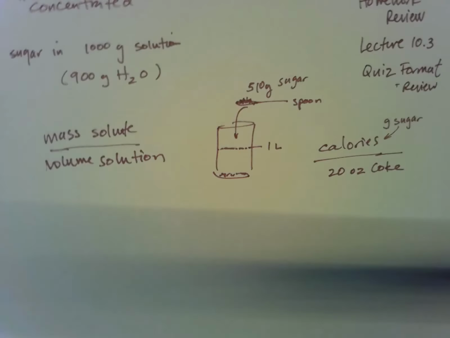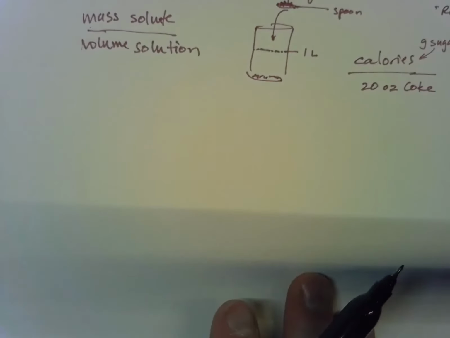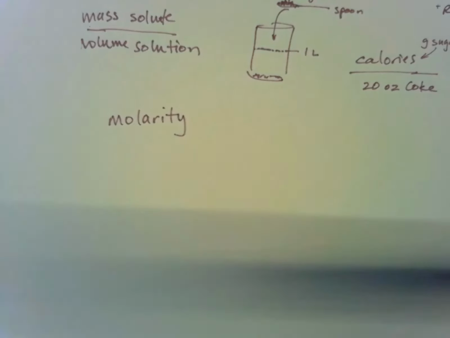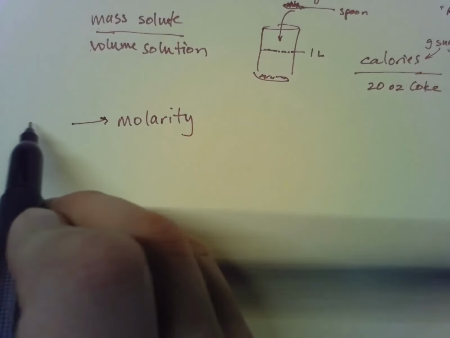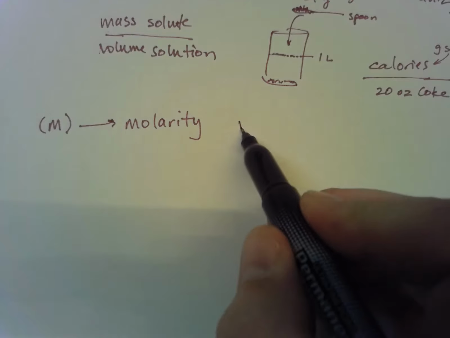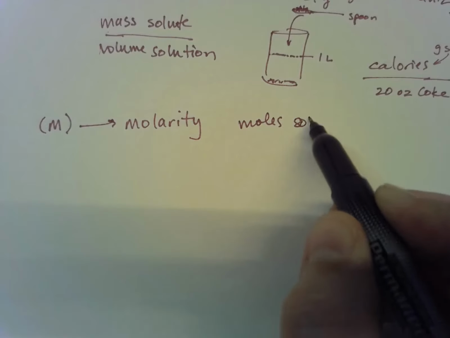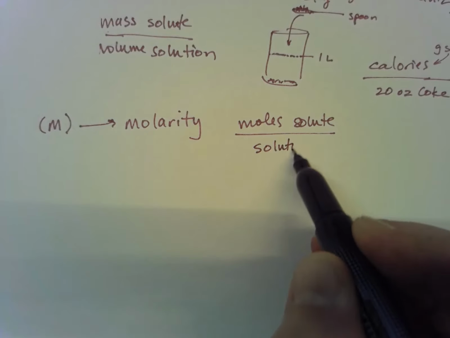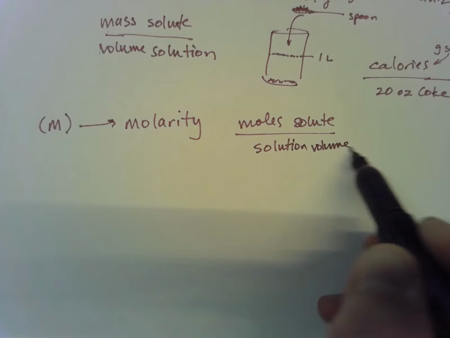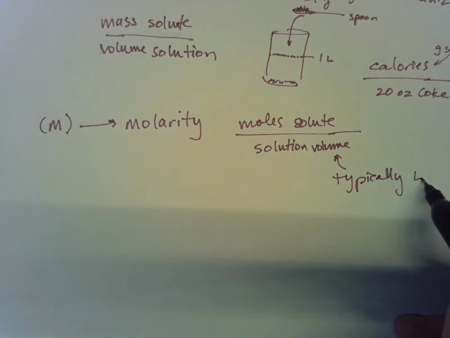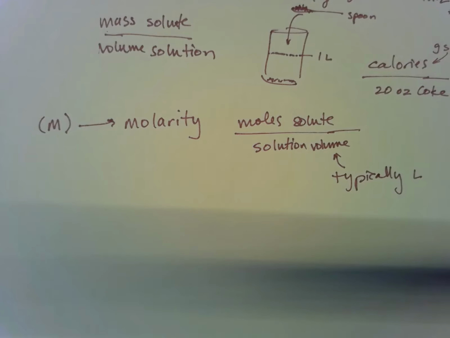So this is called molarity, and it's represented by a capital M. Okay, and it is the moles of solute over solution volume. And we'll say that this is typically liters. That's how we're going to work with it. Okay.